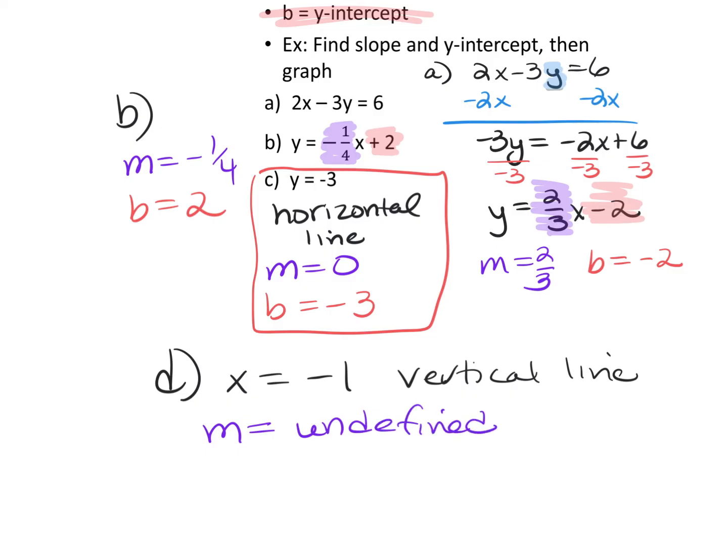And because this is just a line that's vertical through negative 1, the b here is none. It will never cross the y-axis. On the next slide, we're going to graph these four equations. You'll be graphing in the homework.